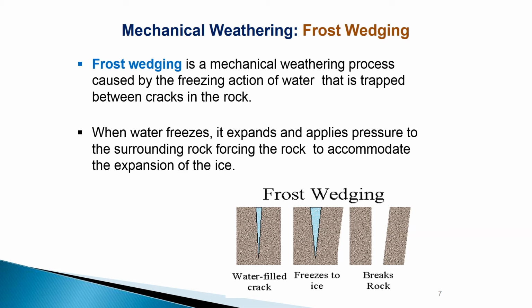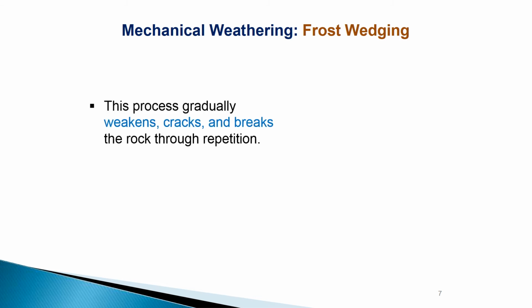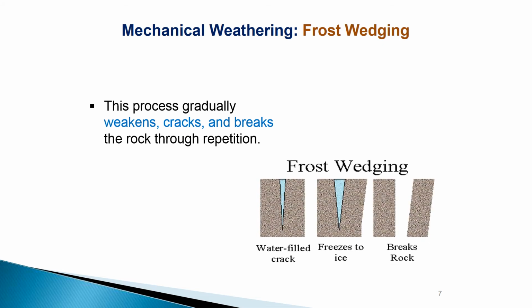Then this will press out those two parts of the rock and make the rock break. And this process weakens, cracks, and breaks the rock through repetition. Every time it happens, the rock will crack or break more and more.